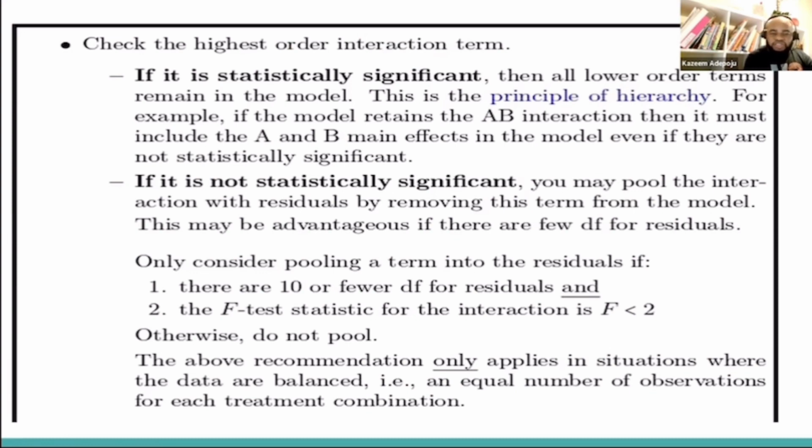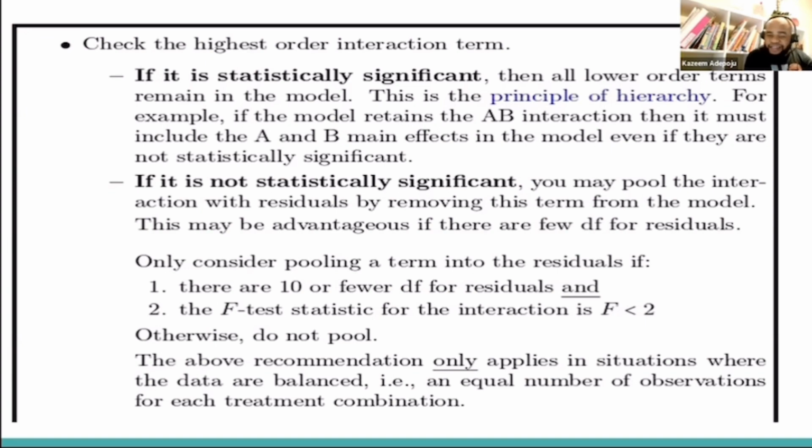Now the question is, when do we actually tolerate the higher interaction terms in our model, and what is the situation where we don't really tolerate that? But this is the key.